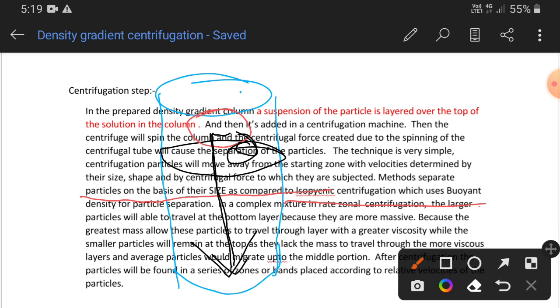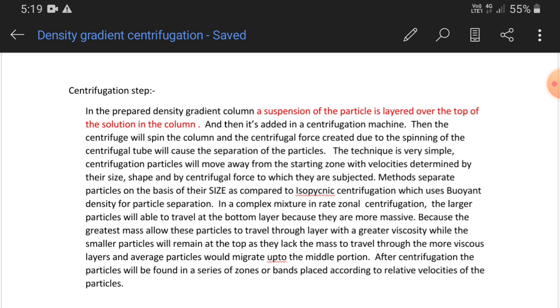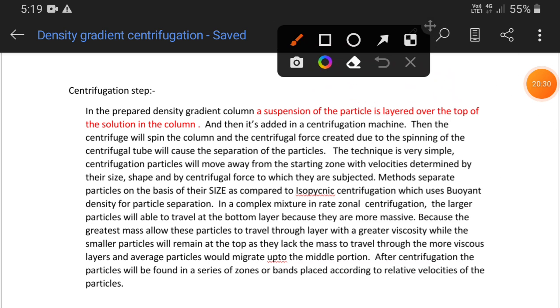That is the idea of rate zonal centrifugation. The larger particles can travel to the bottom because they are massive, that means larger in size. The greatest mass allows the particle to travel through the layer with greater viscosity, while the small particle remains at the top as it lacks the mass to travel through the more viscous layer.